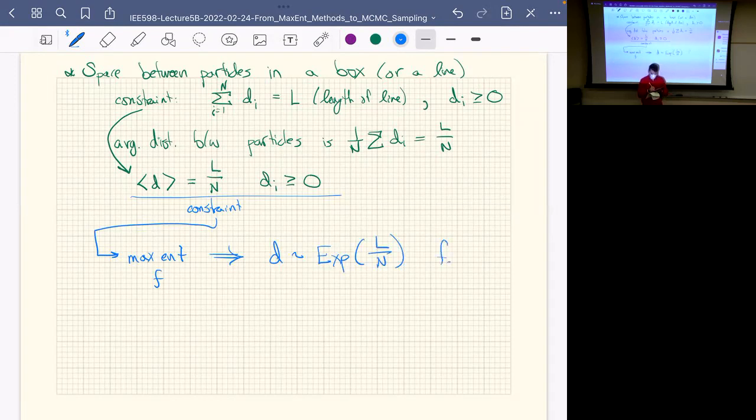So as a reminder, the probability density function for an exponential is just that right there. So that here is just an exponential.